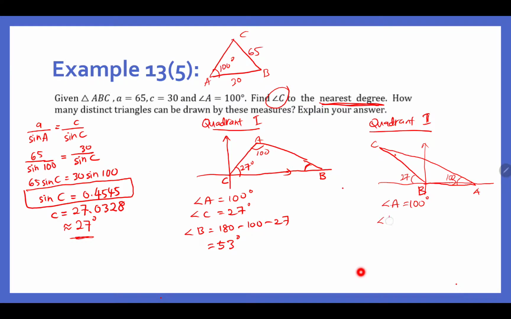And then we can find the angle B, 180 minus 27. This is a straight line. So 180 minus 27, so 153.